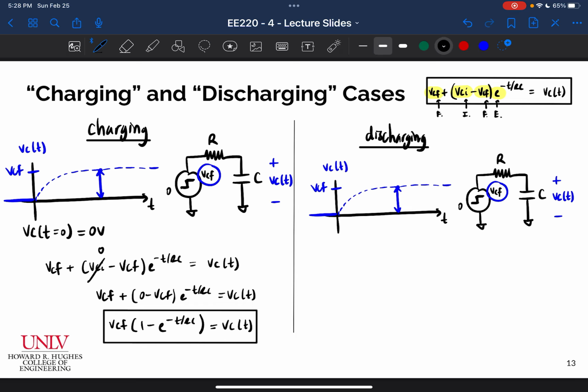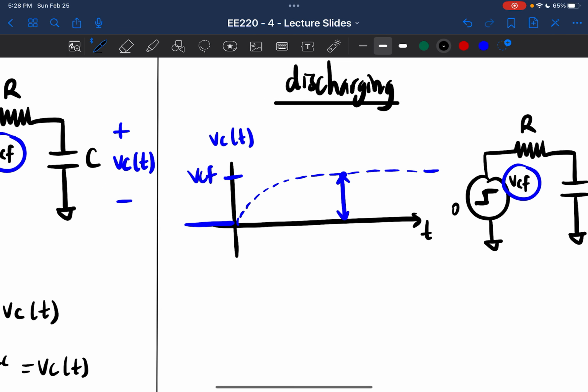And so the only difference here is that instead of starting at 0, the capacitor is going to be charged initially, okay? So instead of this value here being VC final, that's going to now be my initial capacitor voltage, okay?